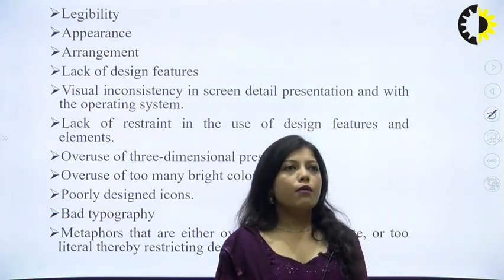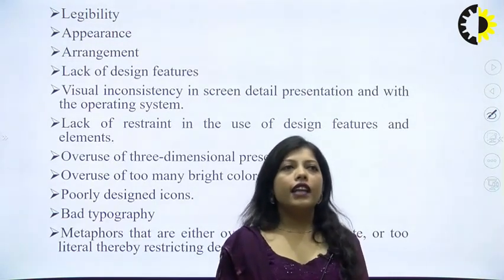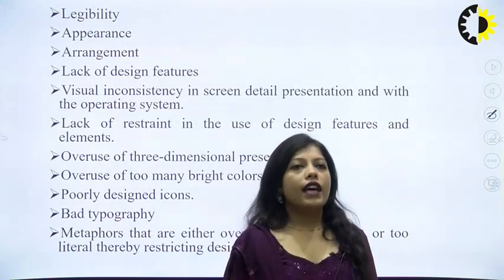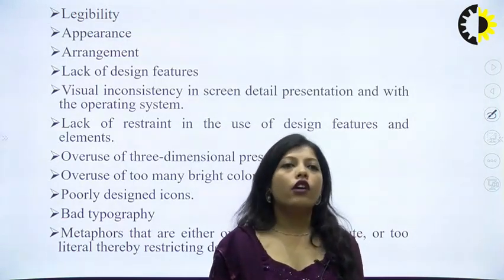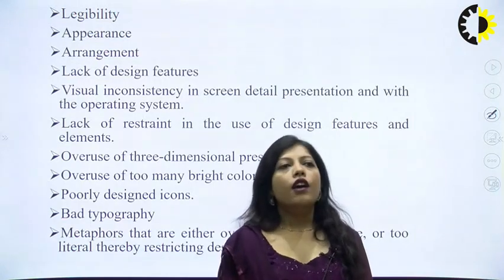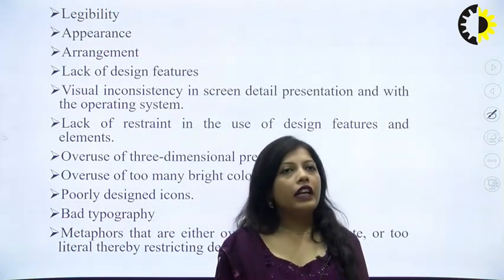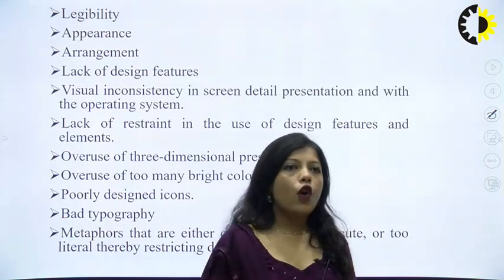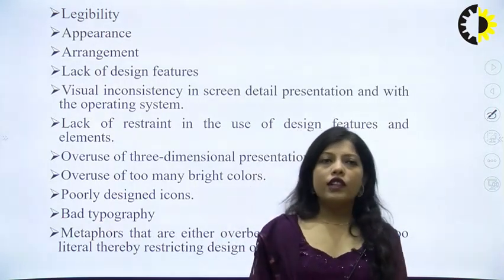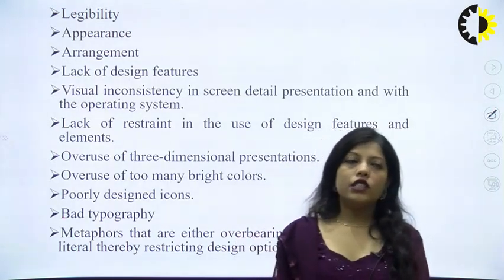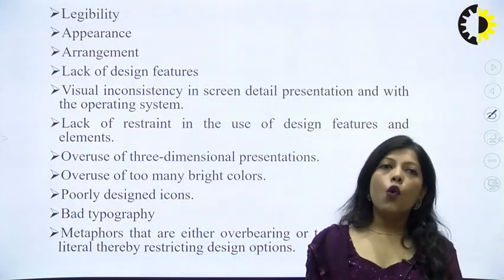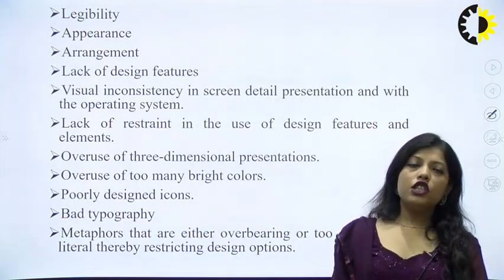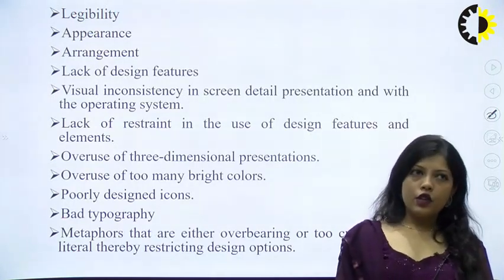So there are some variety of distractions like legibility, appearance, arrangement, lack of design features, means you are not using a proper design, visual inconsistency in screen detail presentation and with the operating system, lack of restraint in the use of design features and elements. So if you are using overuse of 3D presentation, they can also distract the user.